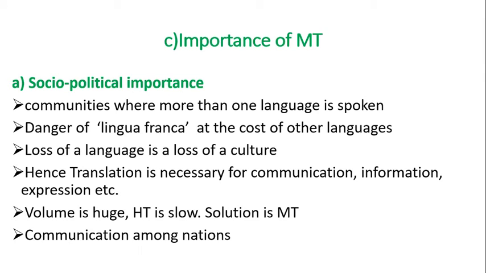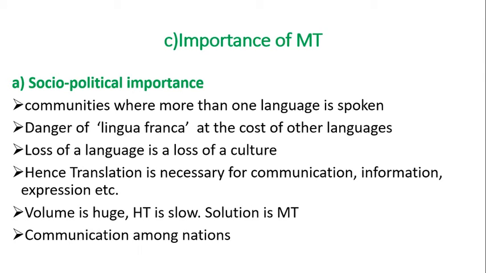I just mentioned Canada. We can also take into account Switzerland, where there are French-speaking and German-speaking communities, and both languages are national languages. When they want to communicate with each other, they cannot rely on human translators alone, because this would take a lot of time.